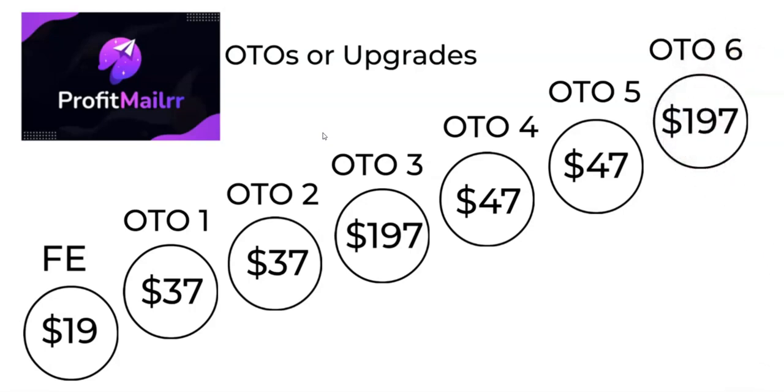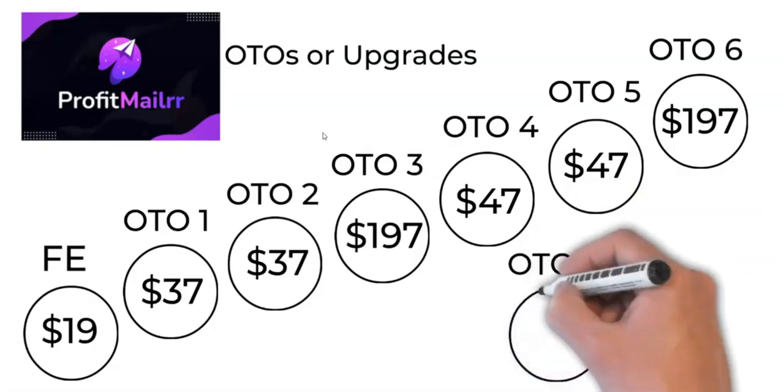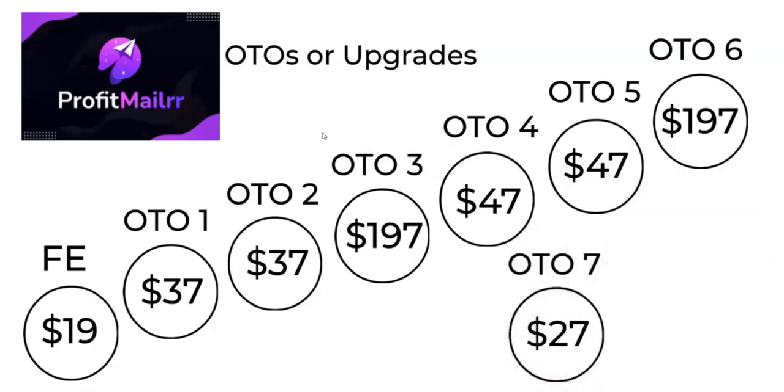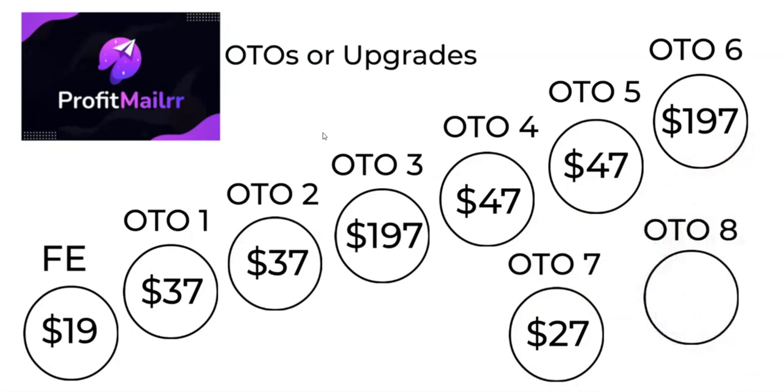I'm not sure where, to your opt-in pages maybe. And then OTO number 7 is the Traffic Saver Pack. That's where you get some past products and more products added throughout the month, but that's on a monthly membership for $27 a month. And then the last upsell, OTO number 8, which is the Profit Mailer Goldmine Club. So $37. So those upsells are really going to add up, and I don't recommend those either.